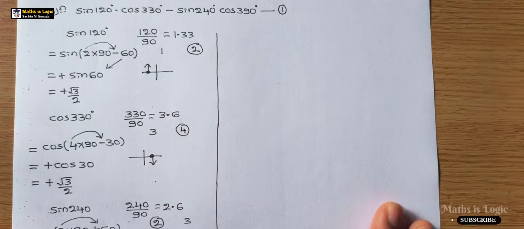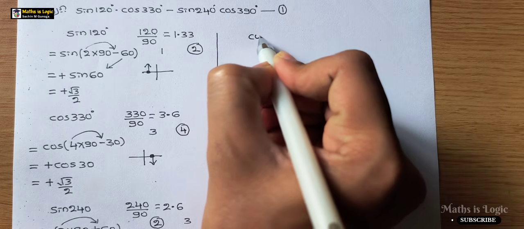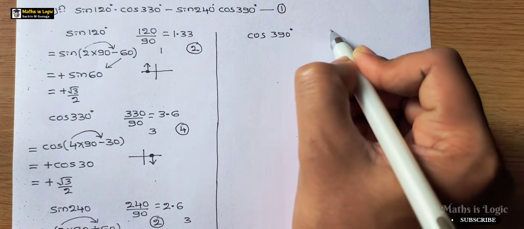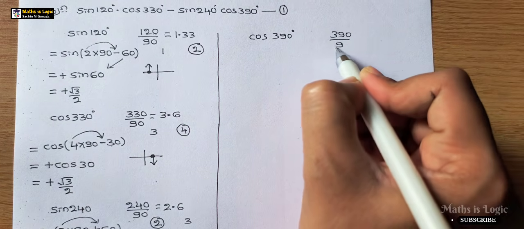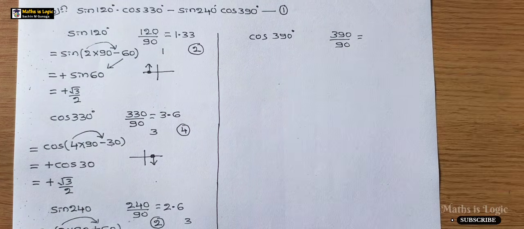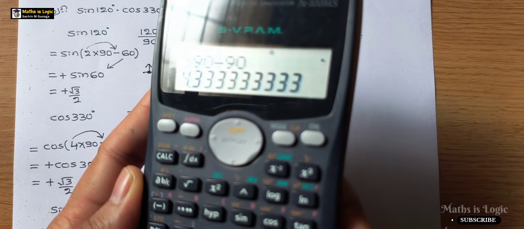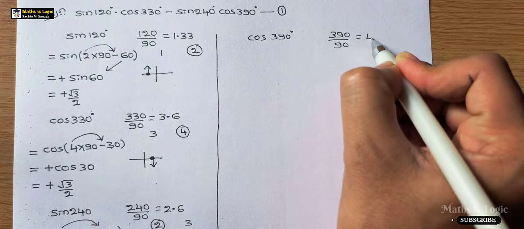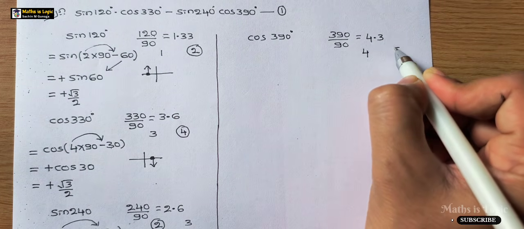Next, cos 390 degree. Again same, 390 divided by 90 is 4.3. That means 4.3 comes in between 4 and 5.